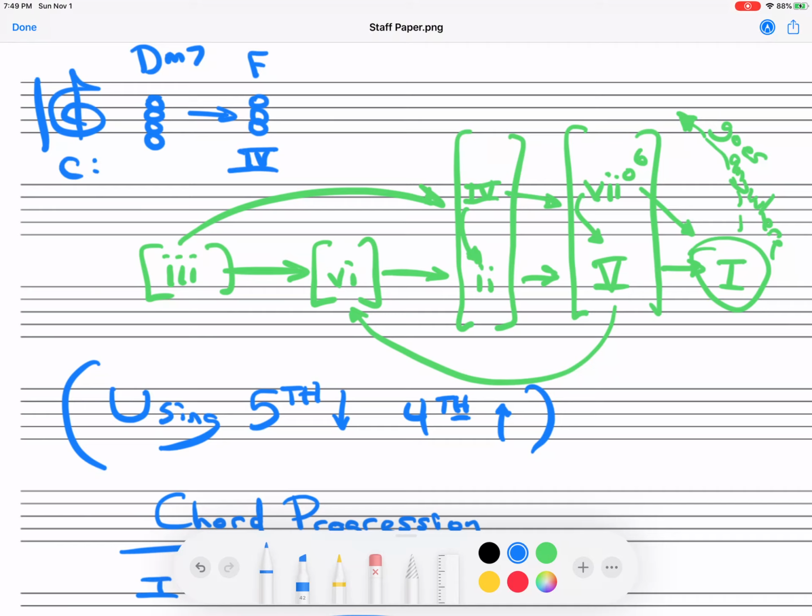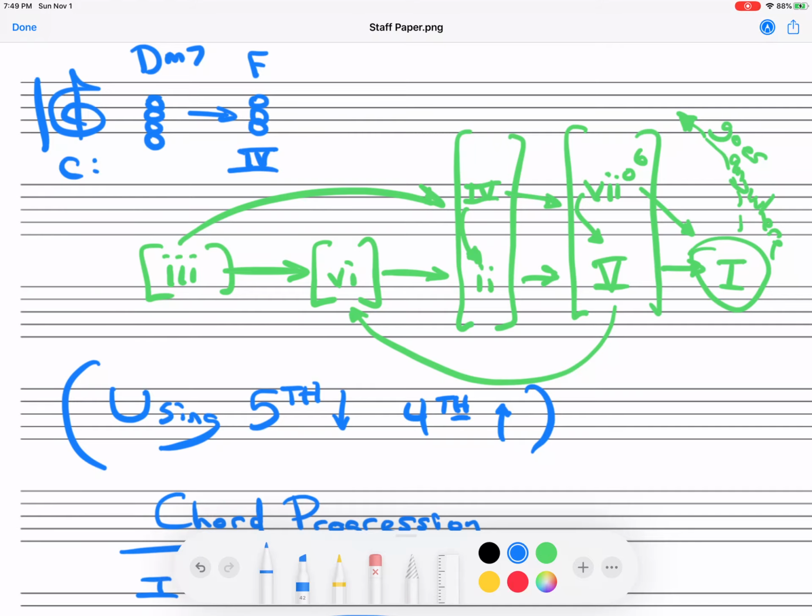Or you can go the other way around. There are all different possibilities. If you set up a pattern, you could even go linearly, like 3, 2, 1 is possible. So if you set up a pattern in your chord progression, that also can sound good.